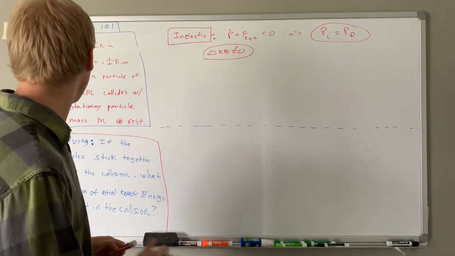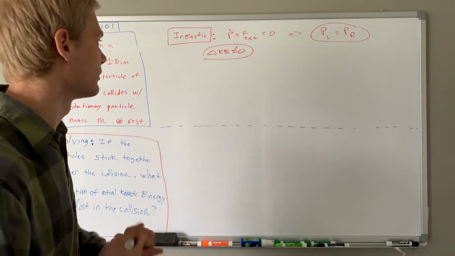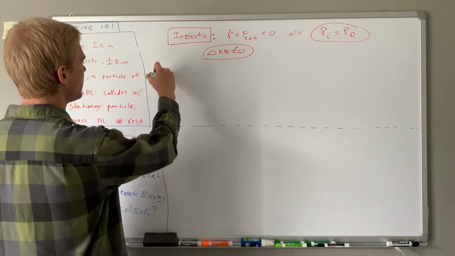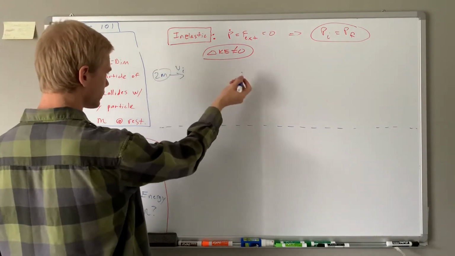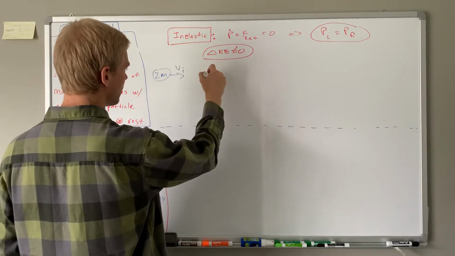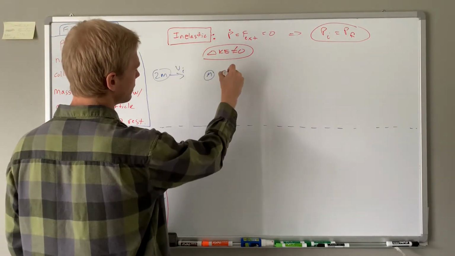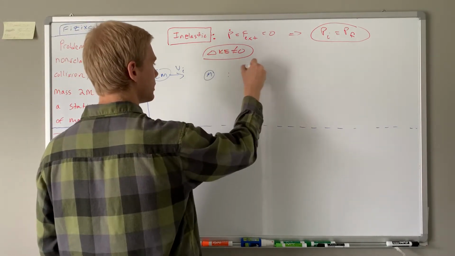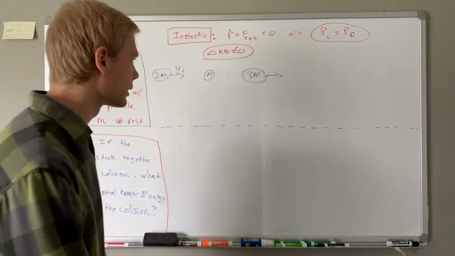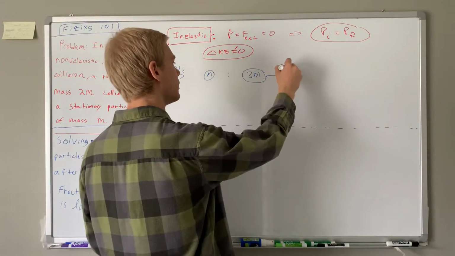Alright. So how do you go about solving the problem? Well, you've got a mass 2m with some speed colliding with a mass m with no speed. It goes into a situation where they're together, stuck, moving with some vf.